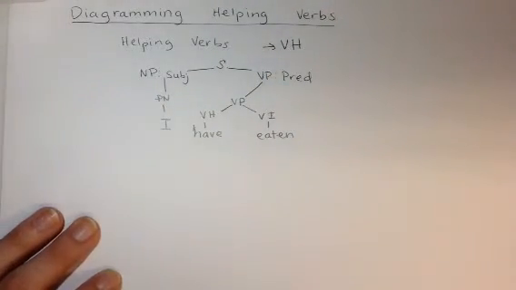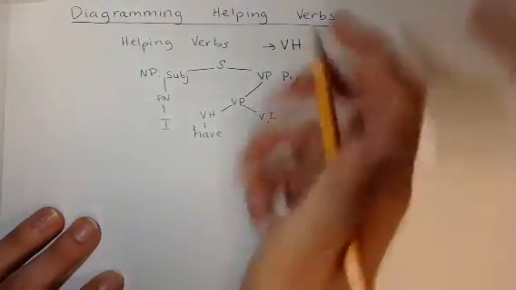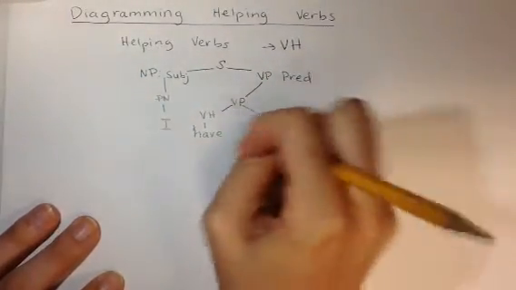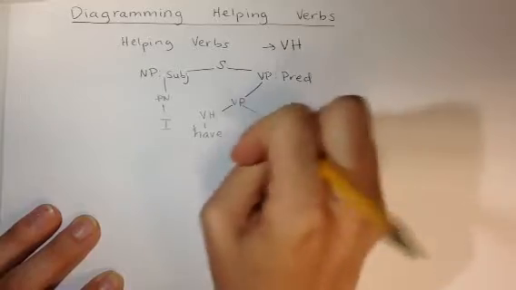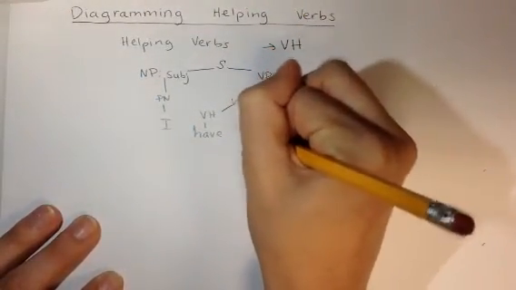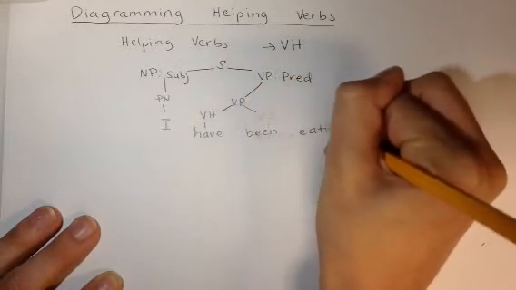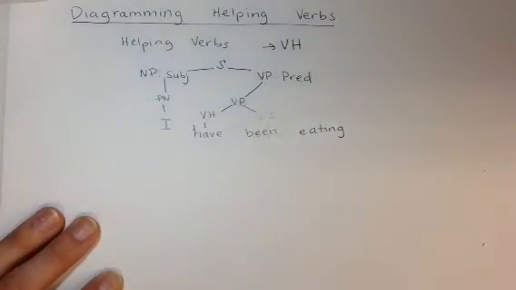Okay, sometimes you are going to have two helping verbs. Like, for example, I have been eating.